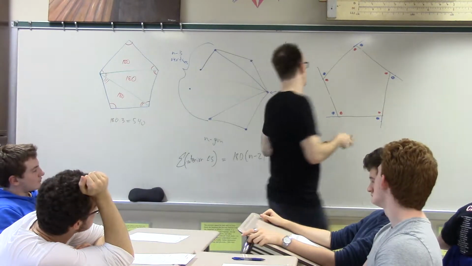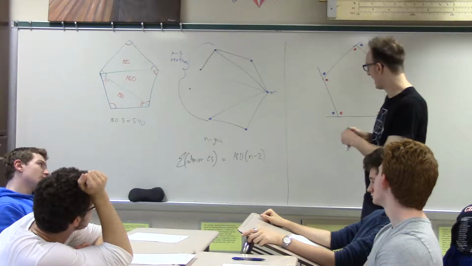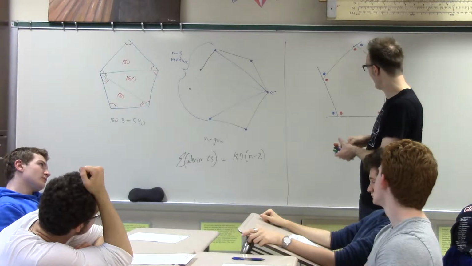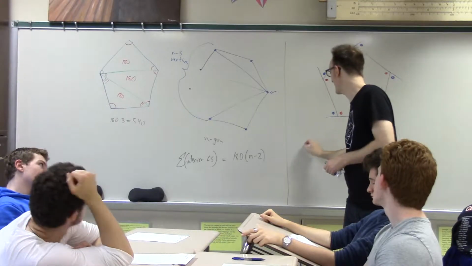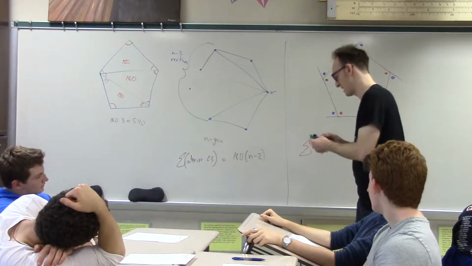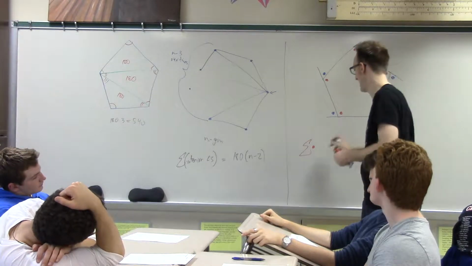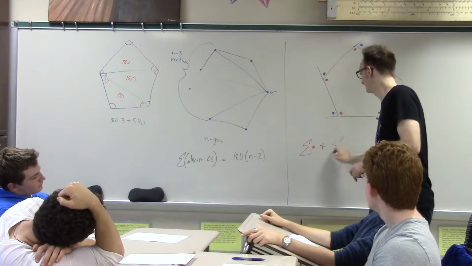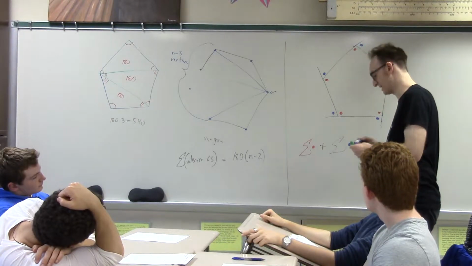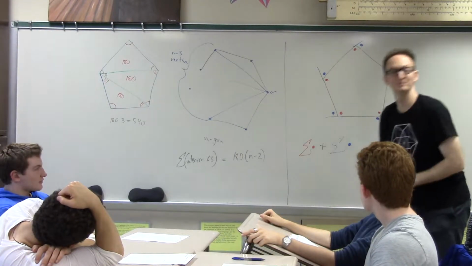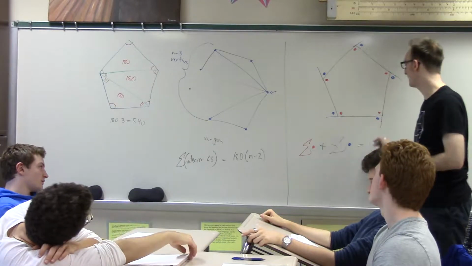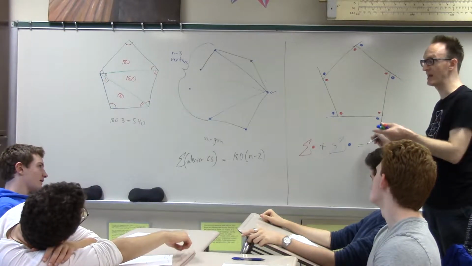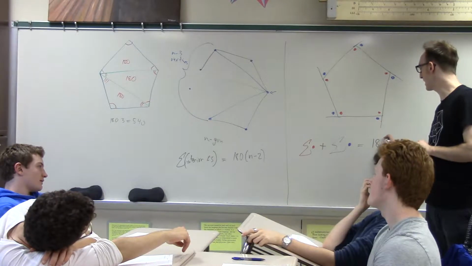Okay, and so if I add up all the red interior angles, and I add to that all the exterior angles, then what do I get? A bunch of 180s. How many 180s? Let's do it in n. Then I get 180n.